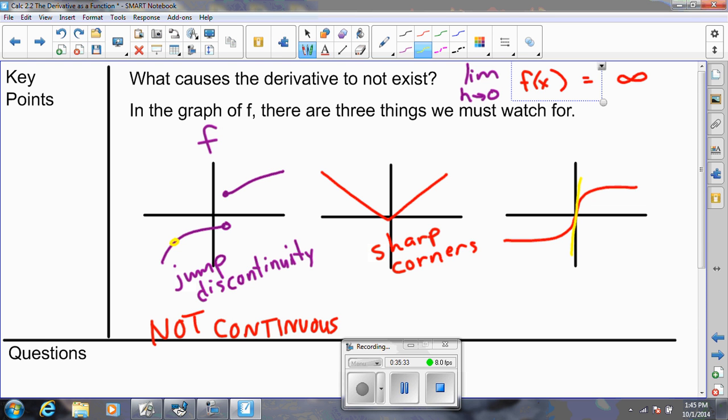In the limit, it actually does get up towards being a perfectly straight line, almost like a vertical asymptote. If you have infinite limits, or infinite slope for a vertical line, that becomes a problem. You'll sometimes see this kind of behavior closing in on something like this. These are the three things that could cause a derivative not to exist, so there are three problems that you have to be aware of and be careful for.